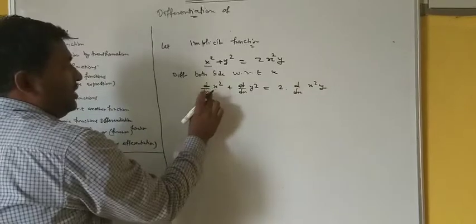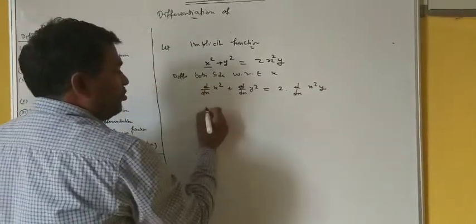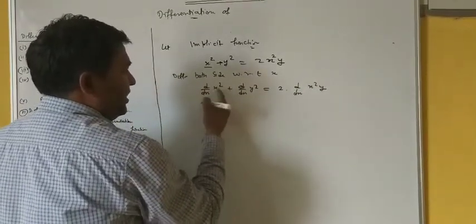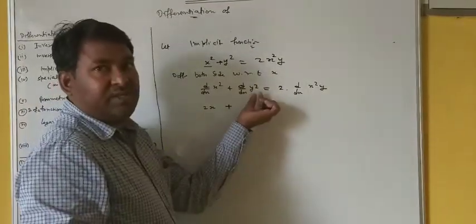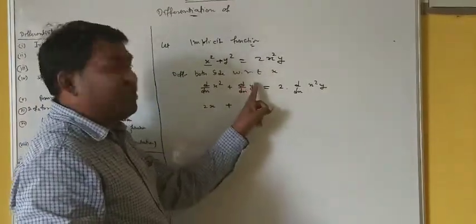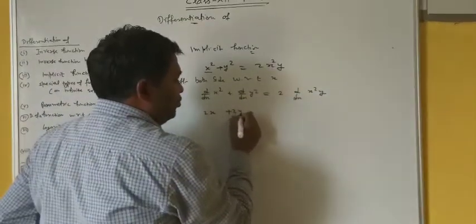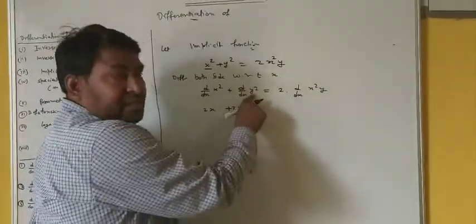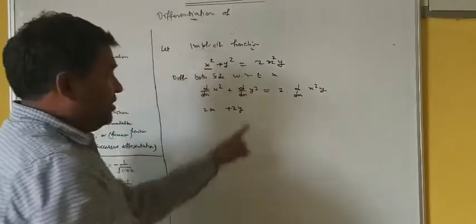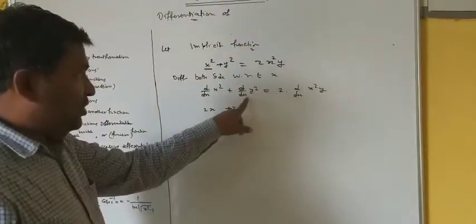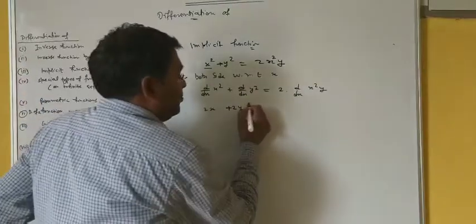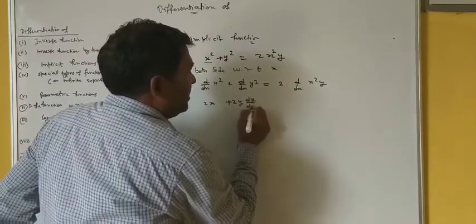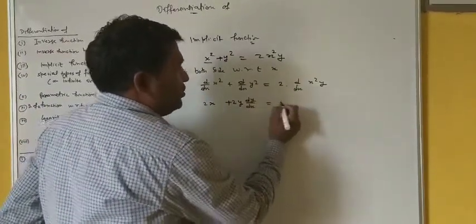Now see, d by dx of x square, by the x power n formula, is 2x, and dx upon dx is 1, plus. Now y square: first you apply the x power n formula, so 2 into y. Now again, since the variable here is y but you are differentiating with respect to x, it will become 2y dy by dx.